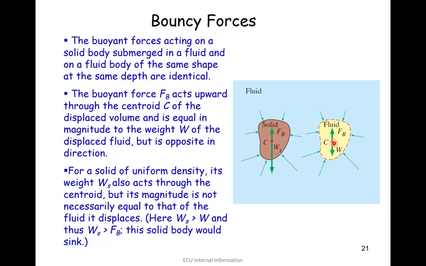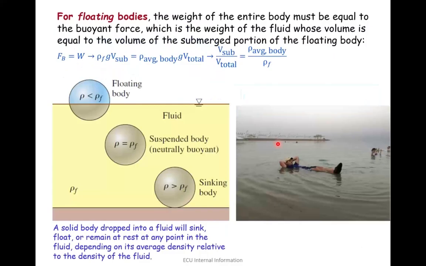However, if part of the object is made from a different material, even though the buoyancy is the same, the center of weight may not be the same because the material is not uniform.